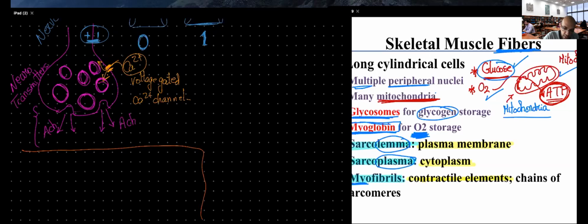We call this my neuromuscular junction or synapse. This is the space filled by fluid between the nerve cell and the muscle cell. Again, what have you released in here? You've released a type of neurotransmitter called acetylcholine.